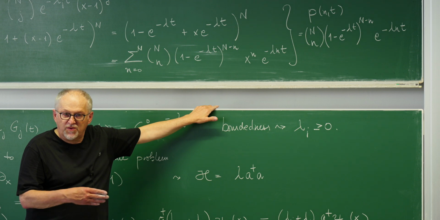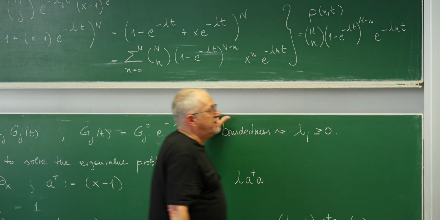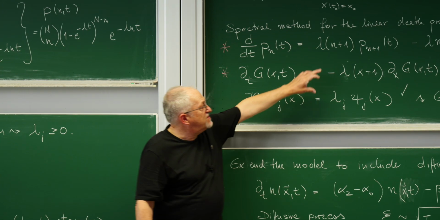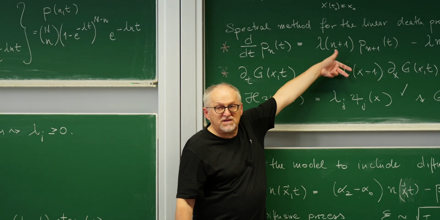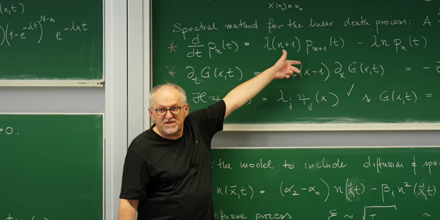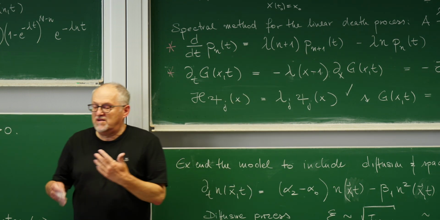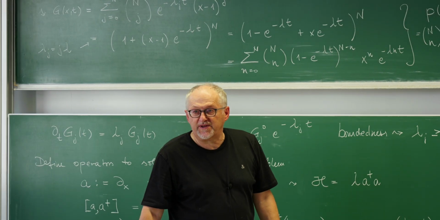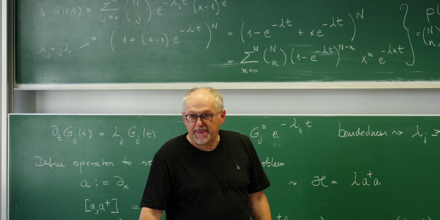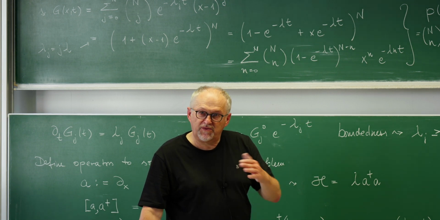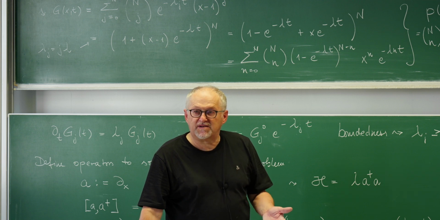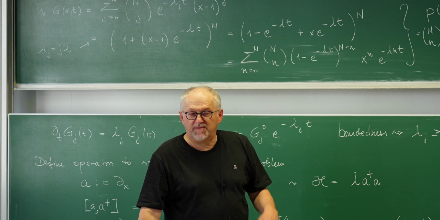And the reason is not quantum physics, the reason is that these systems are linear operators, and you can switch between a discrete and a continuous representation. And as you switch, you naturally have things like raising and lowering operators turning up. It's a motivation for what we do after the break, namely to show you how you write down a path integral for a master equation.